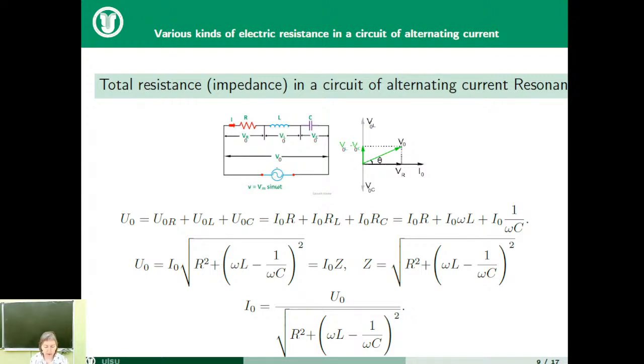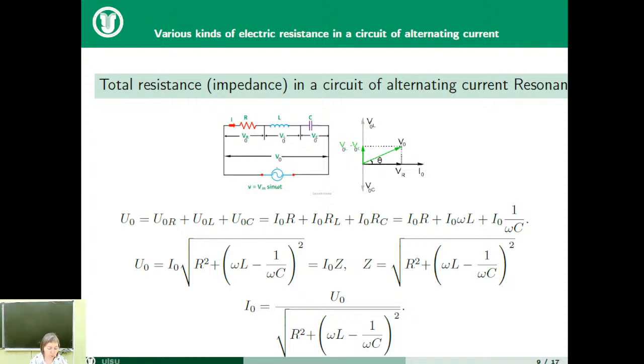At RL equal to RC, when the resistance of the coil is equal to the resistance of the condenser, the total resistance Z, the impedance, is equal to R. And the current reaches its greatest value, caused only by the active resistance.